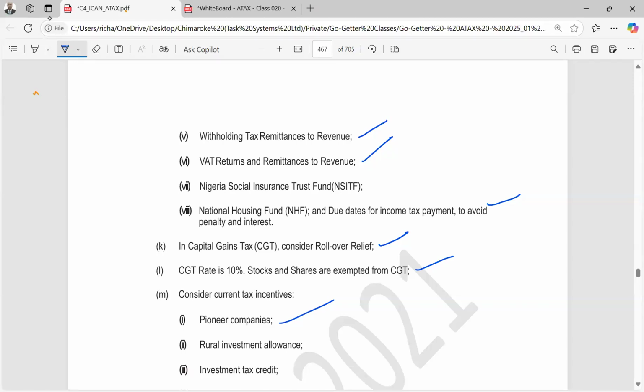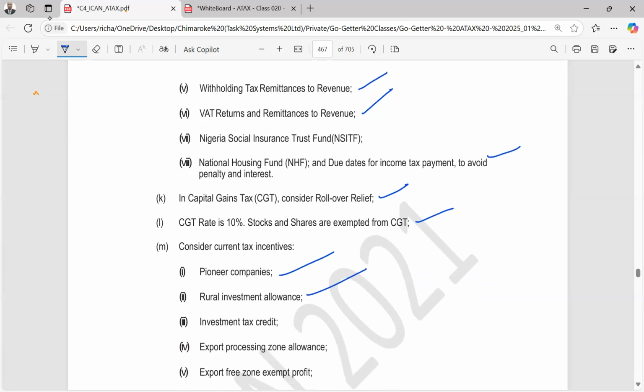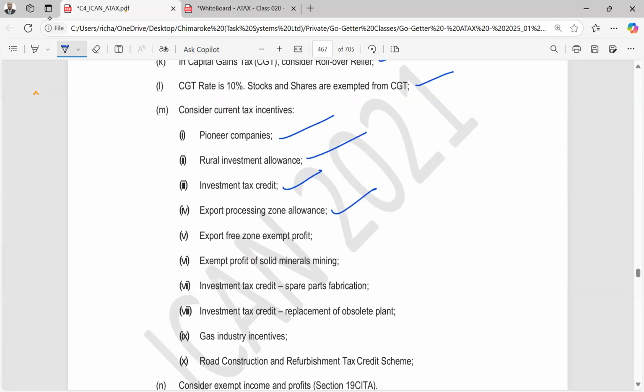Rural investment allowance: you saw when we are doing capital allowance, these are being granted to reduce your tax. Investment tax credit, you'll see that in petroleum profit tax. Export processing zone allowance, all these are there. Export free zone, exempt profit from solid minerals. Some of these ones we will get to find out.